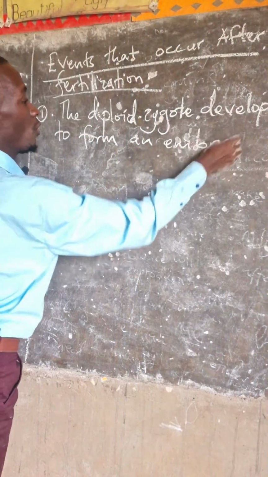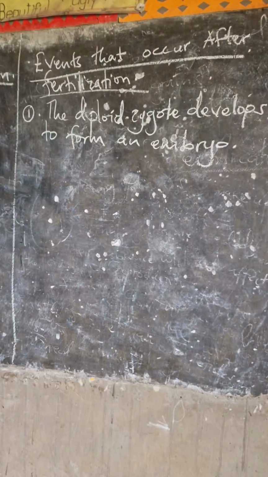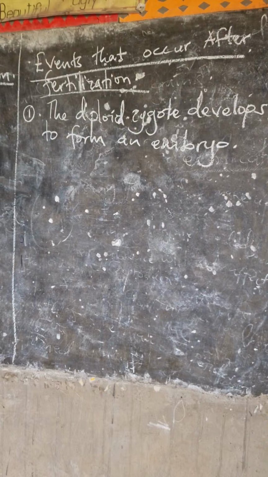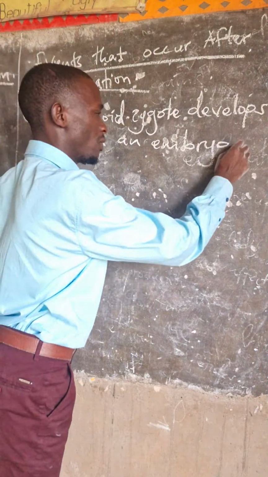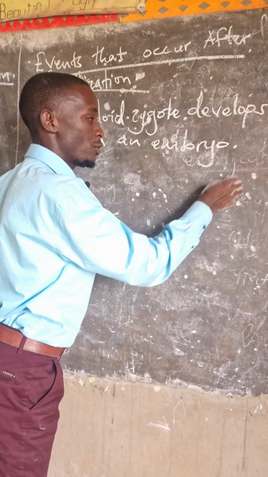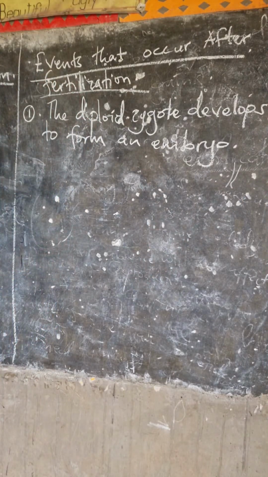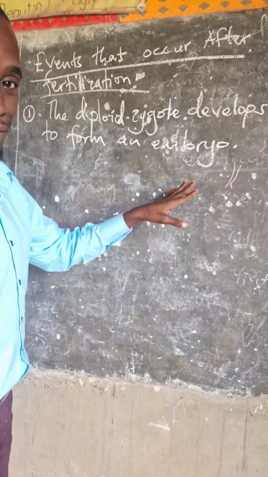We very well know the embryo. The embryo in a seed is that part that contains the plumule and the radicle. If you remember very well, that's in your own information.